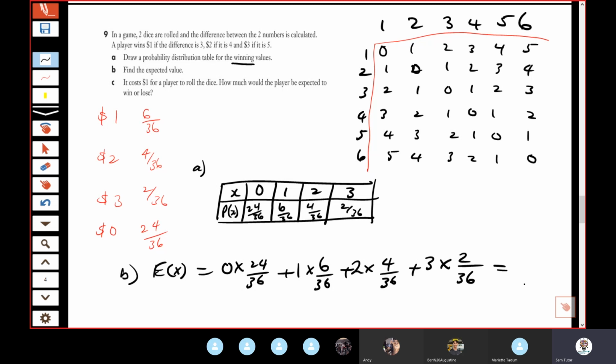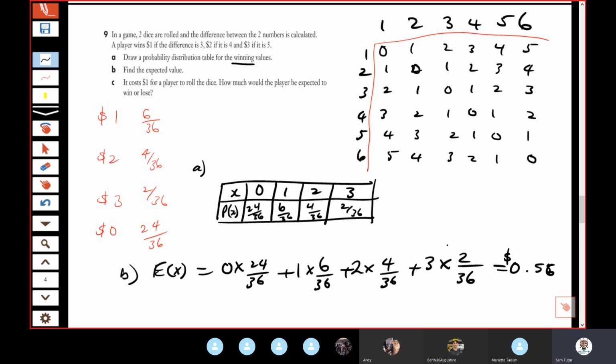Should give you 8 on 36 plus 6 on 36, which is also 1 on 6, 5 on 9. So 0.55 or 0.56 if you want to round. So if you play this game, the idea is you expect eventually to win 56 cents.